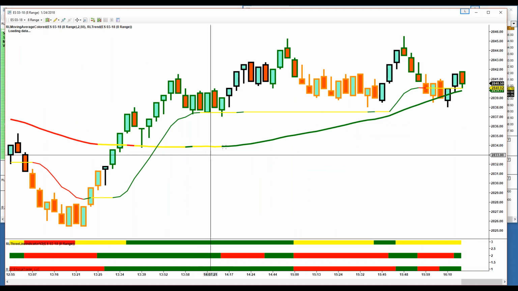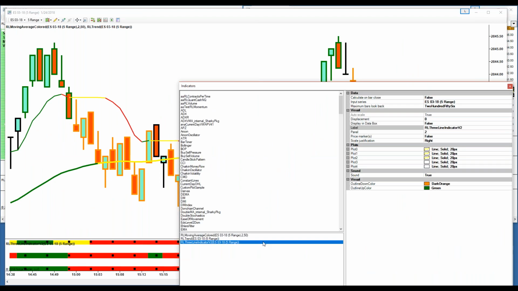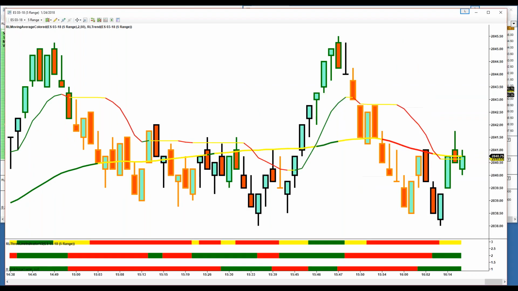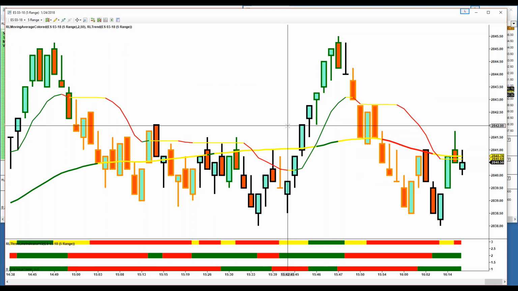We got great trades today on the E-mini. Huge trades. And let me just go into the 3-line. Okay, everything's set. See, I have it as dark orange and green. And it reads the 5 range and is looking at its assessment on the 8 range and the 13 range.